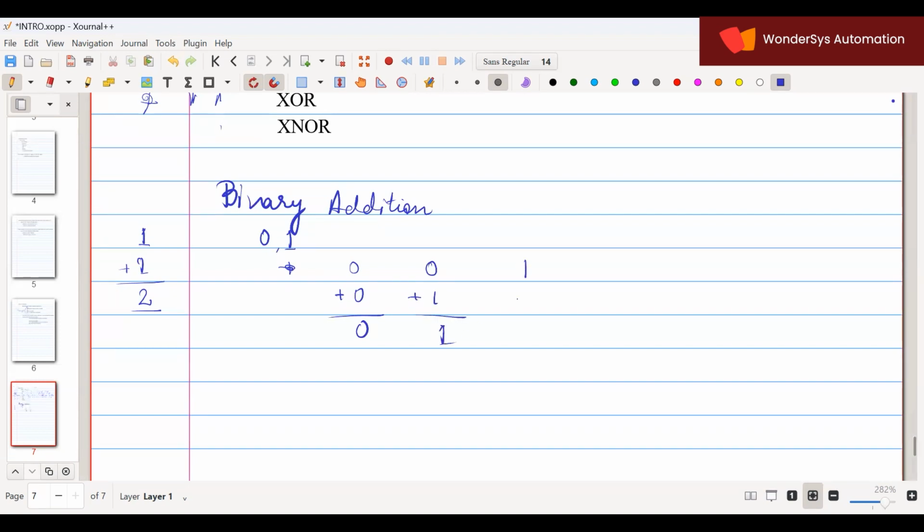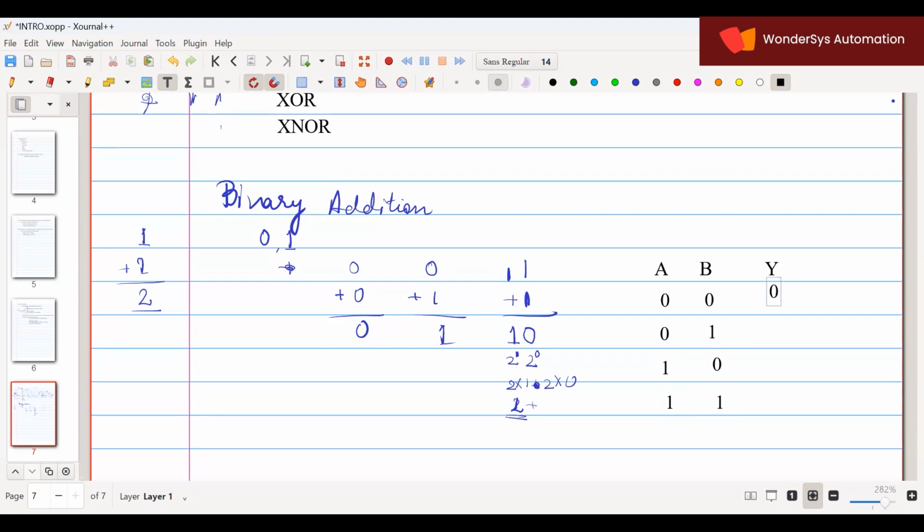But when we perform 1 plus 1, in decimal it is 2, but in binary it is 0 and 1 is carried forward. So it is 1, 0. This is 2 power 0, this is 2 power 1. So it is 2 into 1 plus 2 into 0, so we'll be getting 2. Understood?